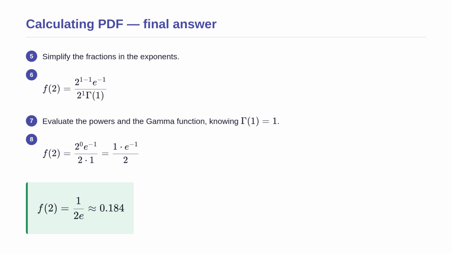And the gamma function evaluated at 1 is equal to 0 factorial, which is also 1. Substituting these back, the complex terms disappear. We are left with 1 over 2 times e. This gives a final numerical value of approximately 0.184. Physically, this is the exact height of the probability curve at that specific point.